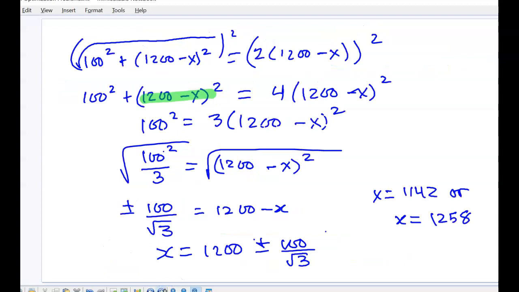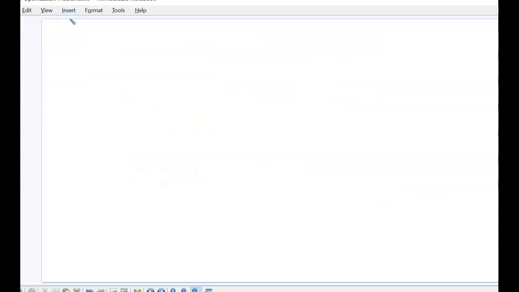So the algebra in this one is a little bit crazy, okay? And notice the maximum distance from the two towns is 1,200 meters, so this one is way too big. To figure out the minimum cost, we have to look at when the part under the water is 0, because that's the least amount I could go.